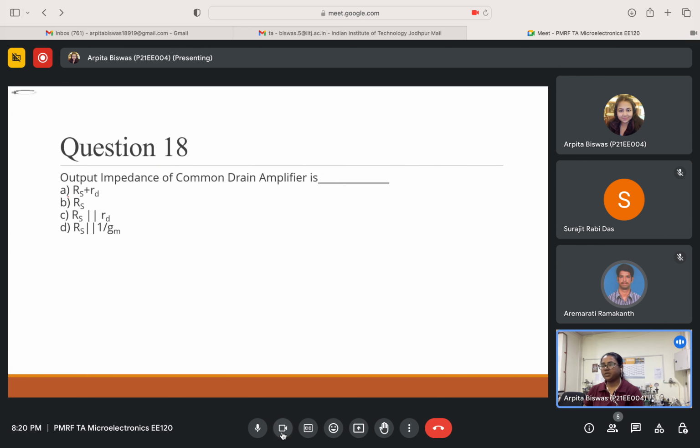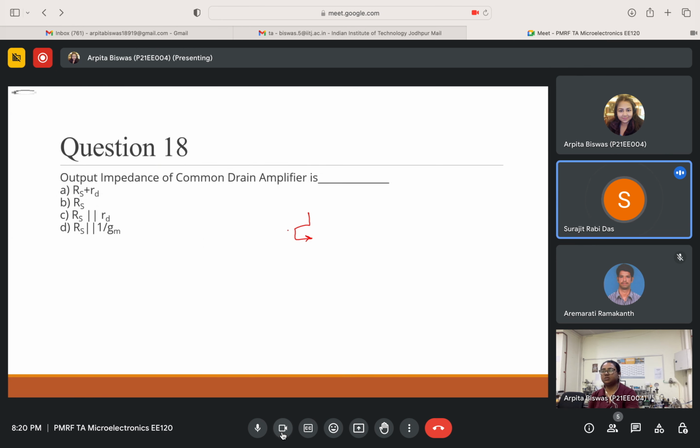So the question number 18 is: output impedance of common drain amplifier is, the first option is RS plus RD, option B is RS, option C is RS parallel with RD, option D is RS parallel with 1 by GM. Output impedance of common drain amplifier. I think it will be RS plus 1 by GM, no? If RS is there, up to source terminal it will be 1 by GM.